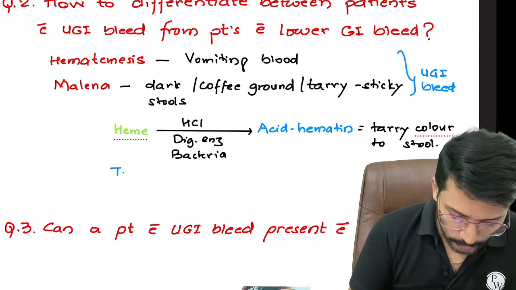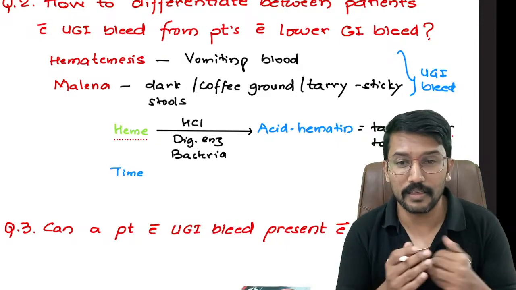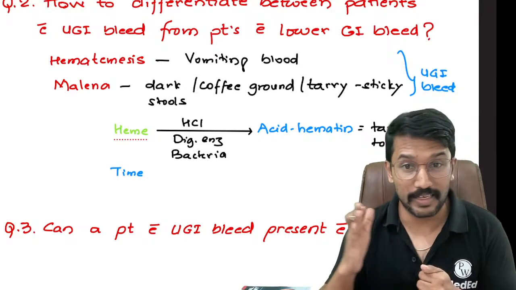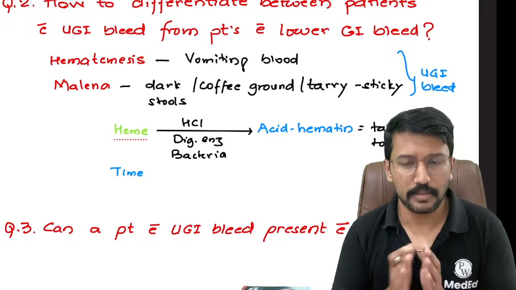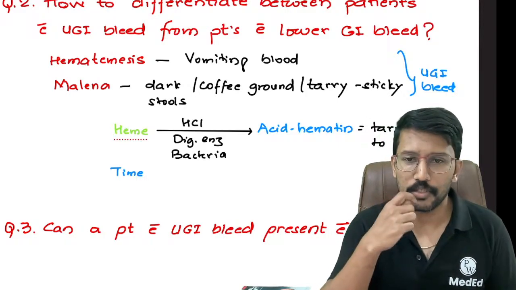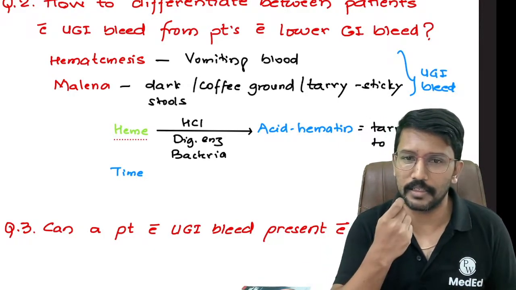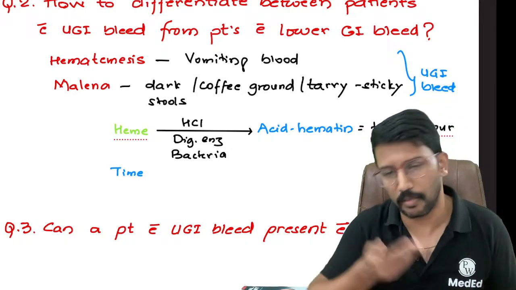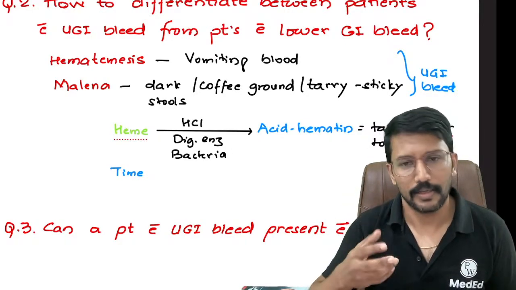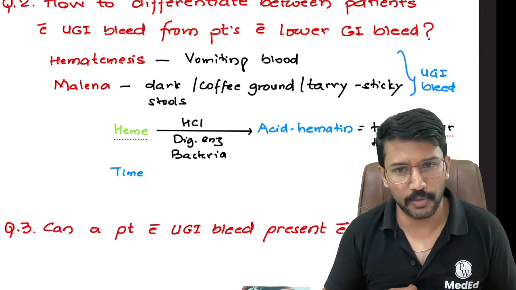So there are two points to learn here. How much time the blood should spend in the gastrointestinal tract to become melena, and what should be the minimum quantity of blood, right? For example, I'm using a toothpick, I hurt my gums and I bleed a little bit and I end up swallowing it. This is upper GI bleed, technically speaking. This has gone into the gastrointestinal tract.